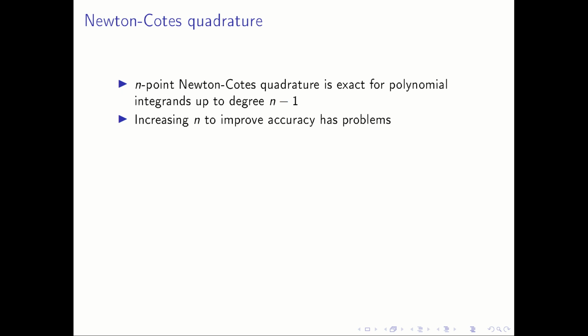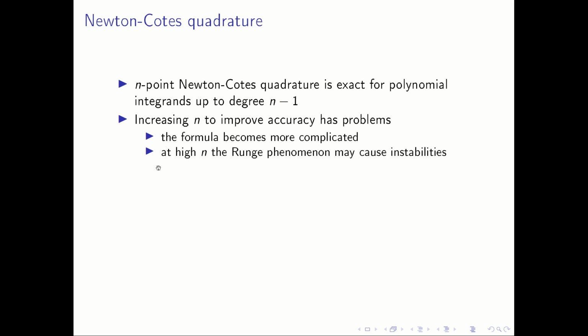But this approach has problems. Of course, the formula for the calculation becomes more complicated, but that really is not the most important problem. The most important problem is that if you try to fit a very high order collocation polynomial, then instead of getting better, the interpolation may become very much worse.